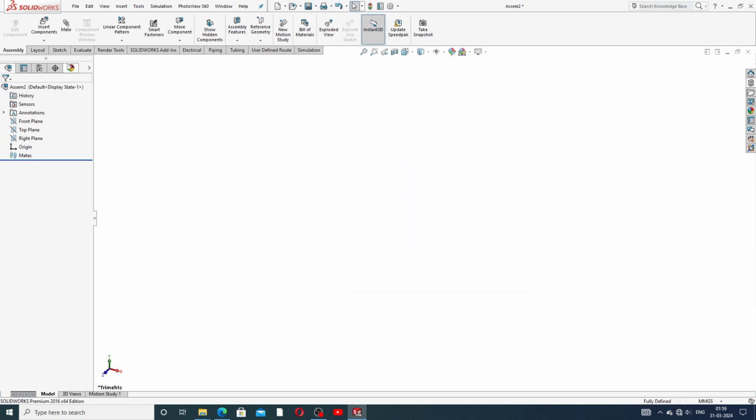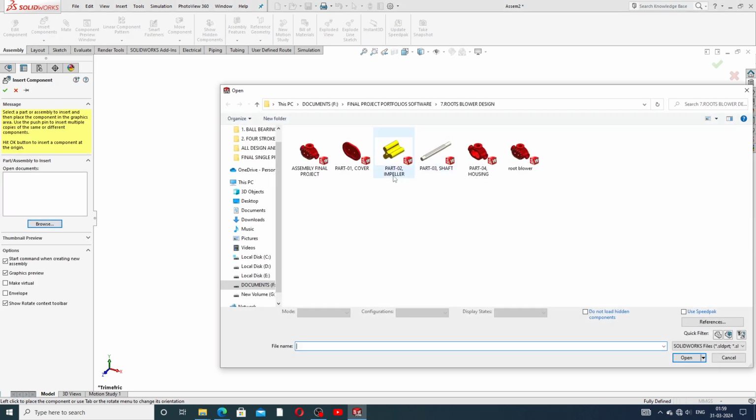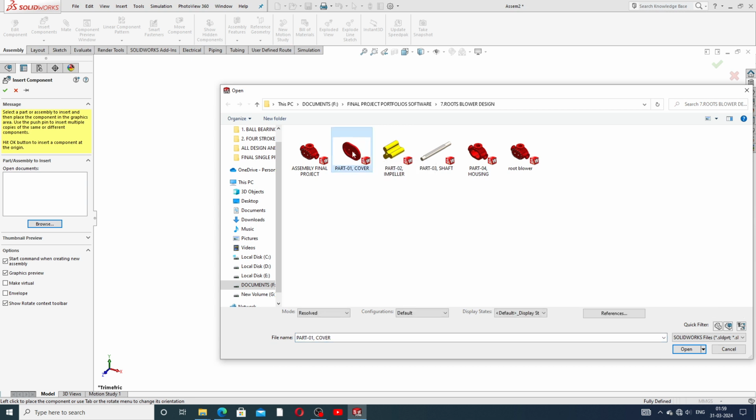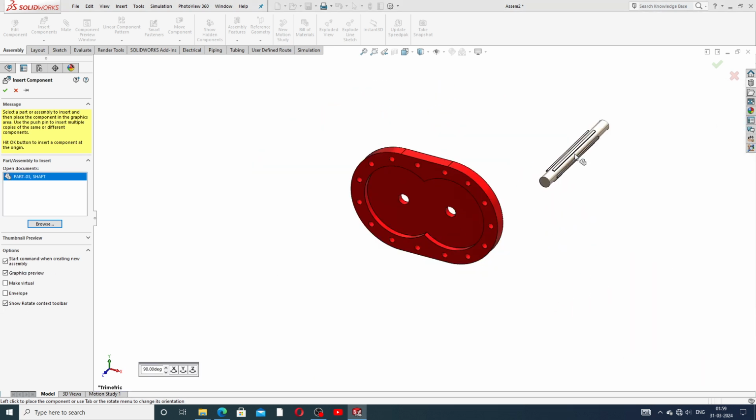And again go to Insert Component and okay, and select these two parts.